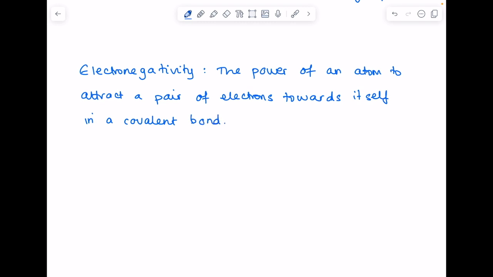So if we consider that definition, what's going to be doing that attracting is obviously going to be the positively charged nucleus. So ideally speaking, you want a small atom, don't you? So that attraction force is stronger.